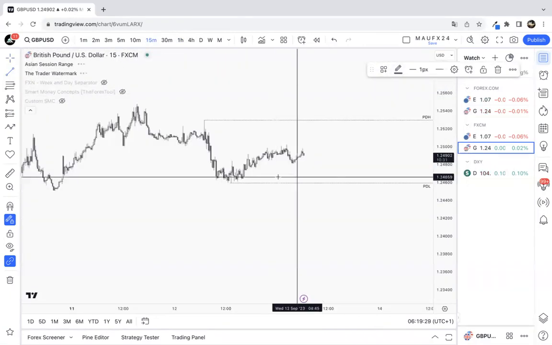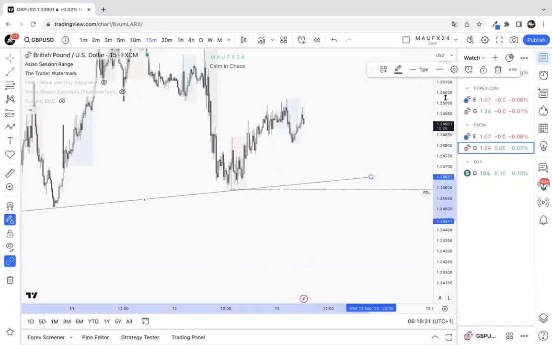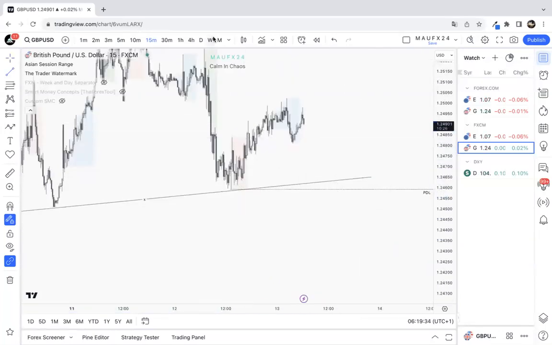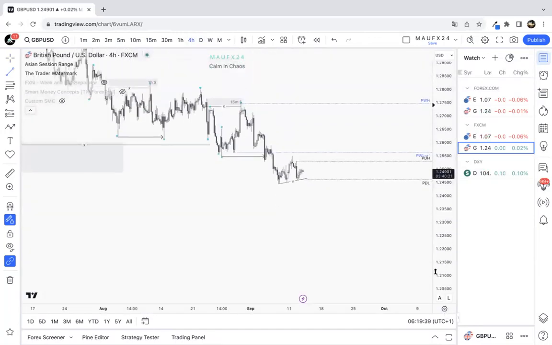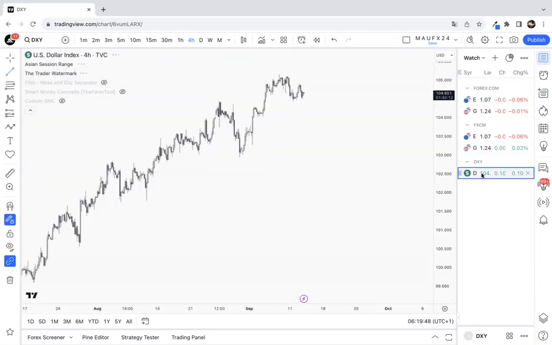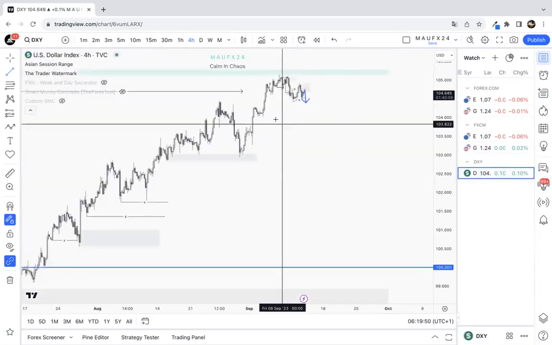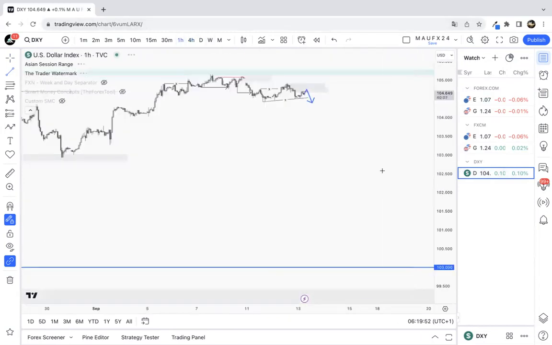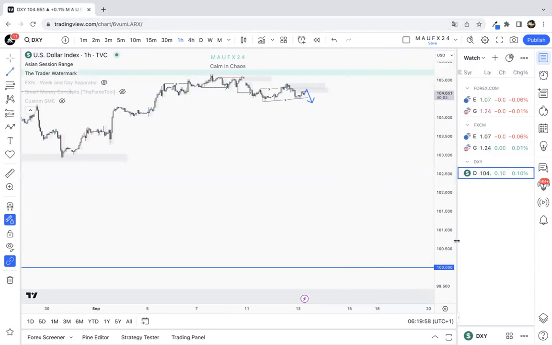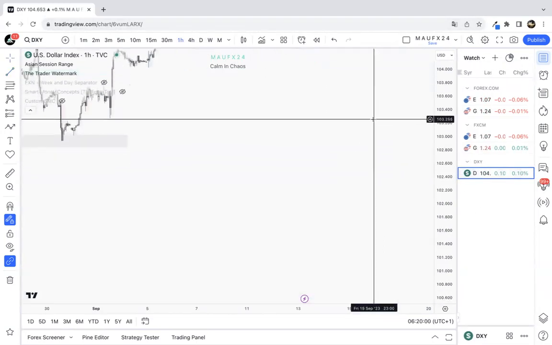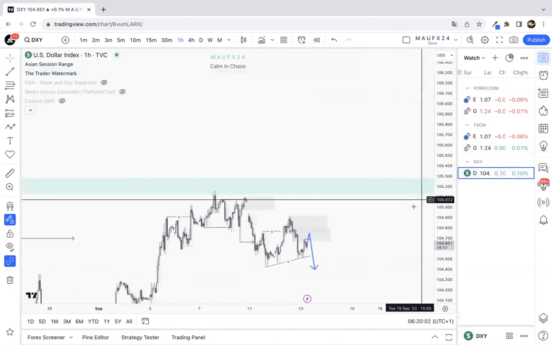Although we're looking for longs, it's just not looking that great. Actually, I can't be bothered with GU right now with that liquidity to the downside. So that's something we've got to keep in mind for DXY and EU as well. Although DXY doesn't have that much liquidity to the upside, EU doesn't have that much liquidity to the downside, GU does. Just little things to keep in mind.